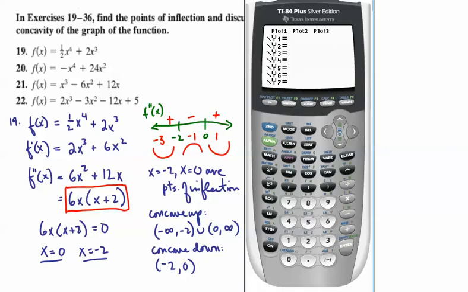Alright, so we have 1/2 x to the fourth. I'll put that in as 0.5 x to the fourth power plus 2 x to the third power. And we will just go ahead and zoom standard and see what we get there.